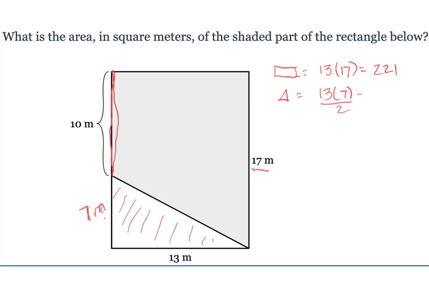Divide it by 2. 7 times 13 divided by 2 would give us 45.5. And now I'm going to subtract off the triangle, so 221 minus 45.5 gives me a total of 175.5. My units are meters squared.